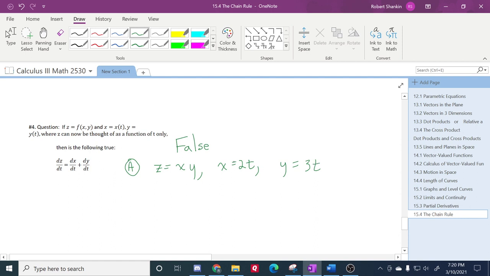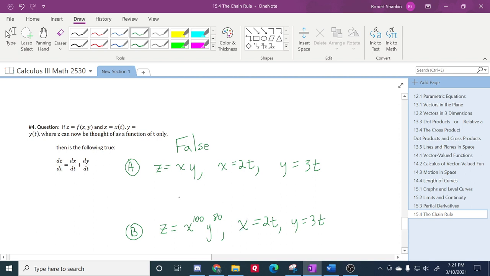Kind of big on 2 and 3's today. And then we're going to look at example B, where z is equal to x to the 100th power times y to the 80th power. A way bigger function than this one. And x equals 2t, y equals 3t.